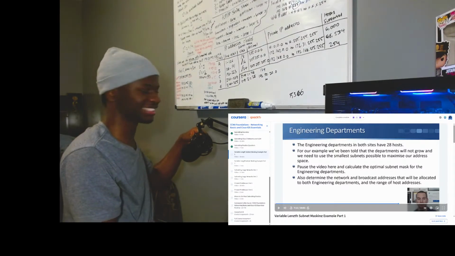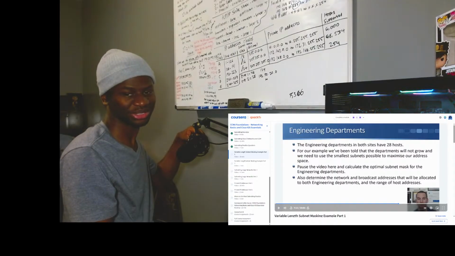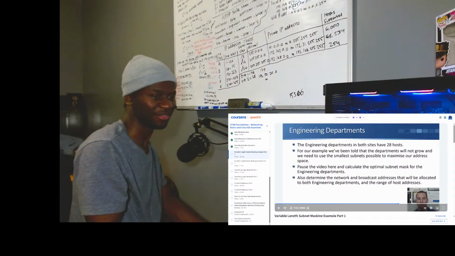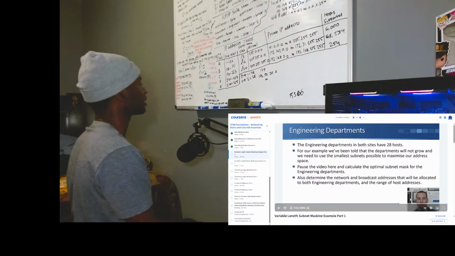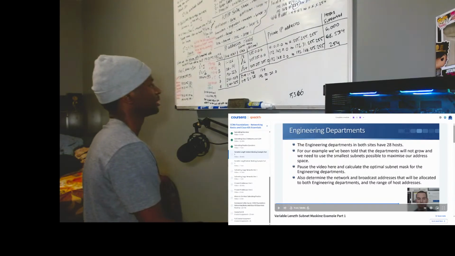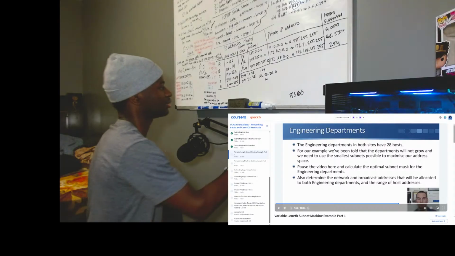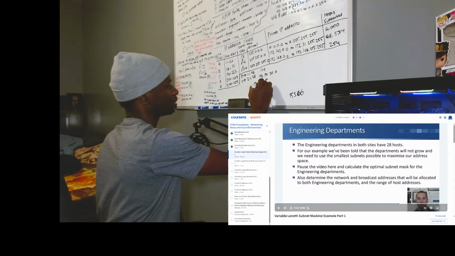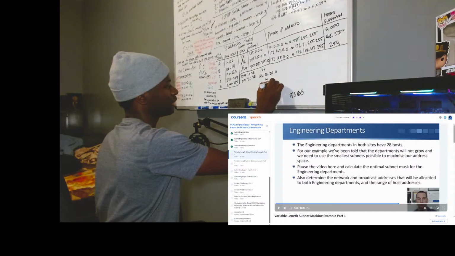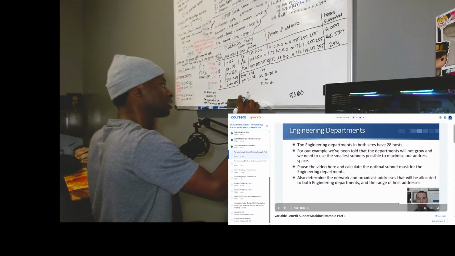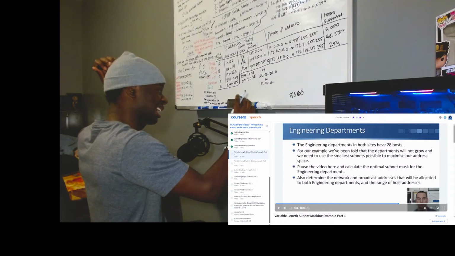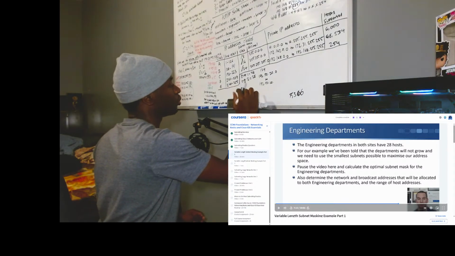Oh my gosh. So this is how the real world works, huh? Okay. Optimal subnet mask. Okay, so I guess 192.50.20. That means this is just going to be for one of them.